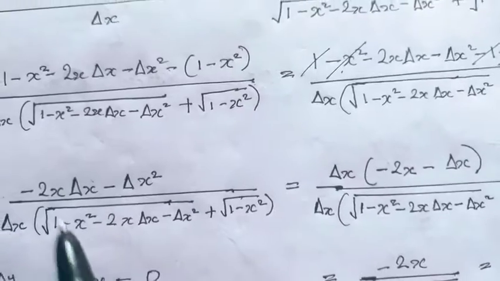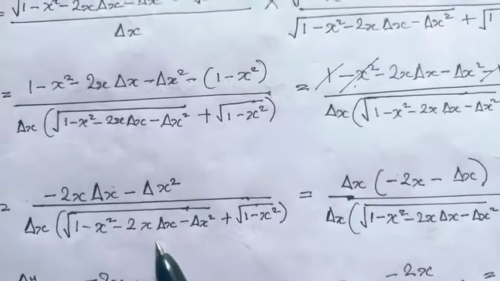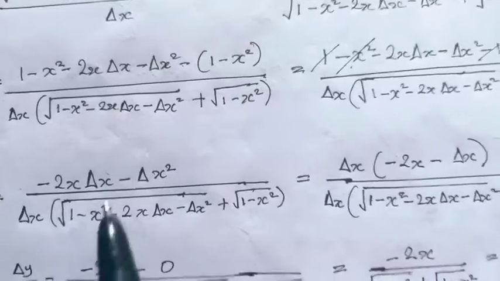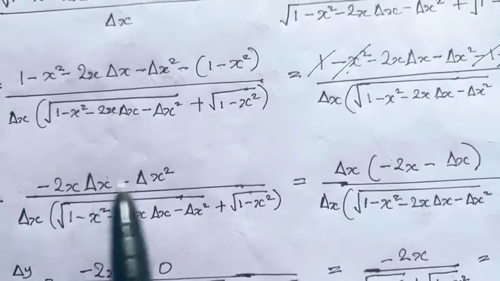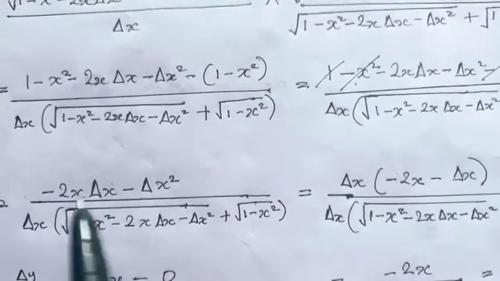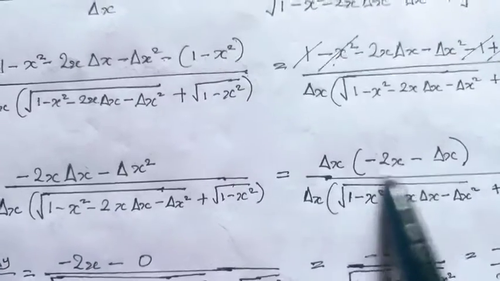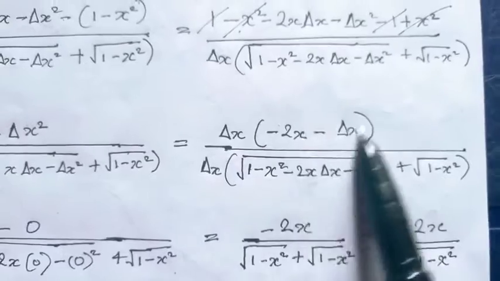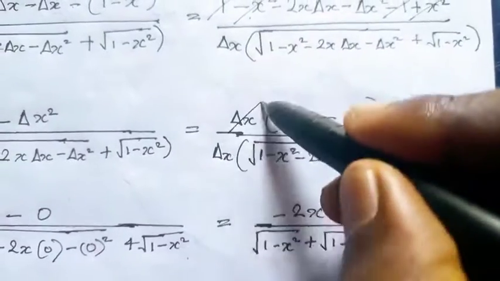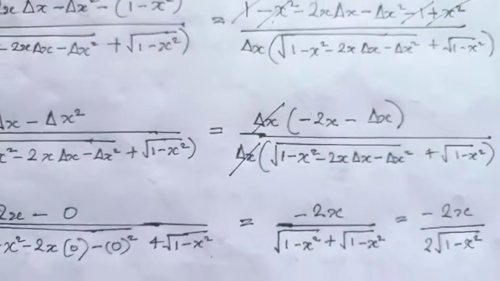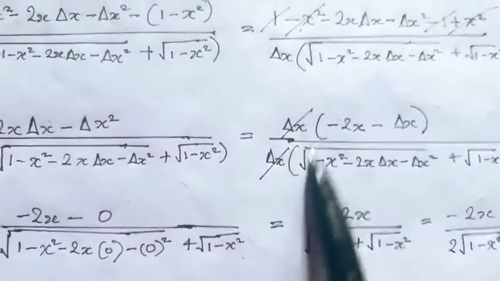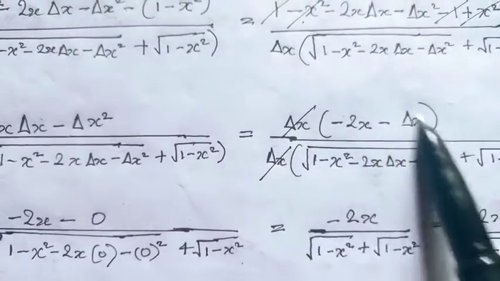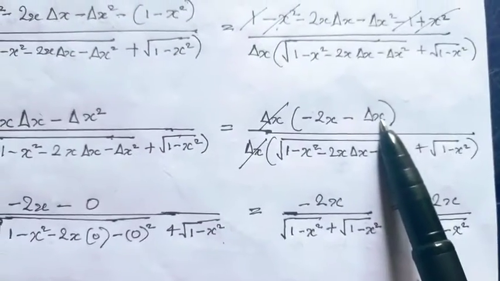The denominator here does not change. And we can see that I have factored out change in x in both terms, which I did in the previous example. So this change in x cancels out this one, leaving me with this simplified version of the function.